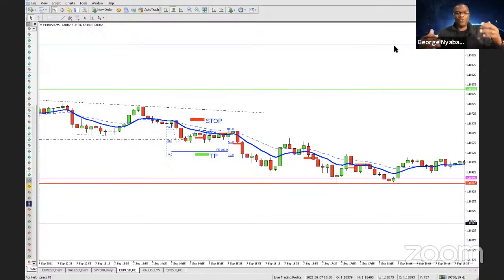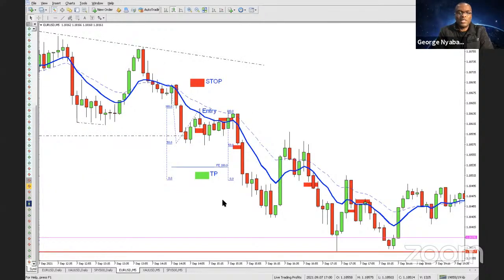I look at the 240. They're all very important, but you don't have to look at the hourly time frame or the 4 hourly. It's all inferred on the 5-minute time frame. The daily just gives you a macro level view. So try and keep your charts as clean as possible.